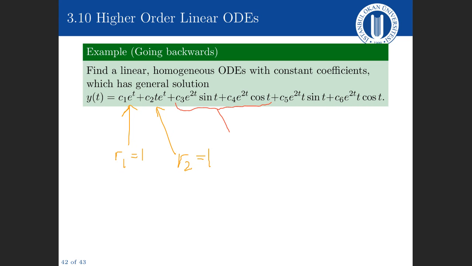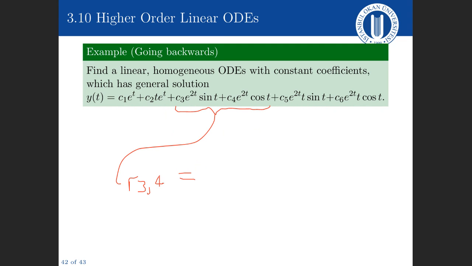Then we have C3 e to the power 2t sine t plus C4 e to the power 2t cos t. This tells us R3 and R4 must be 2 plus minus i.